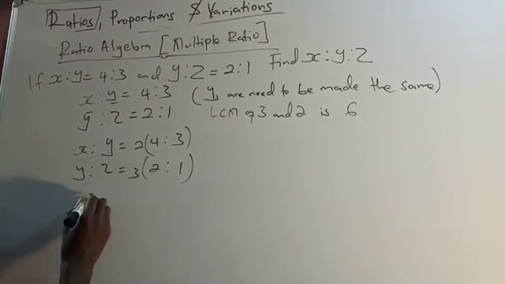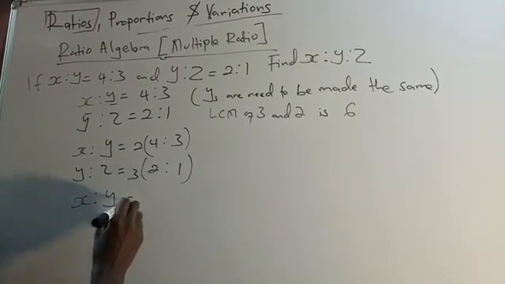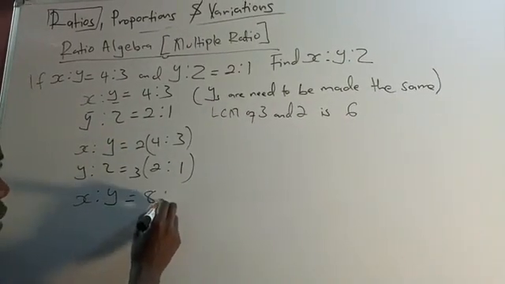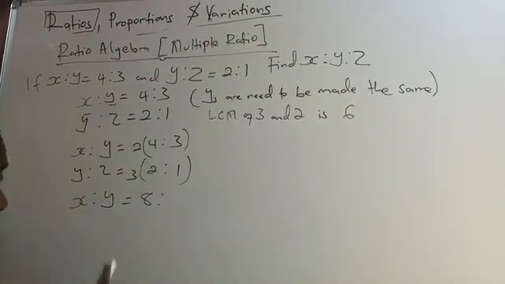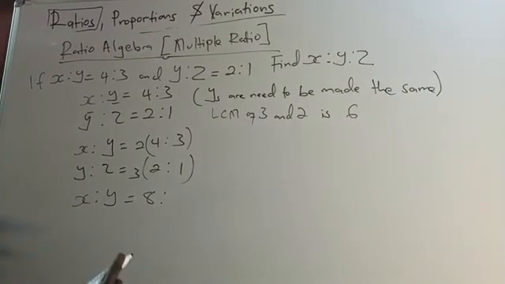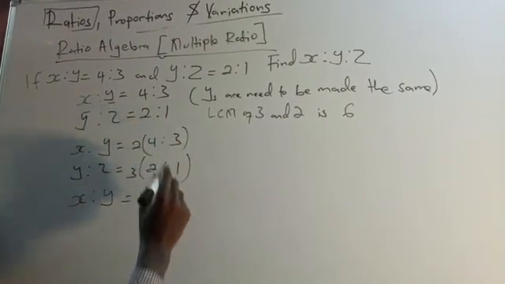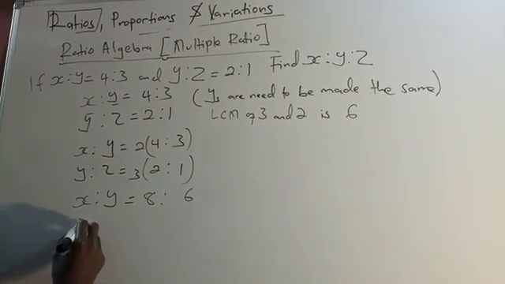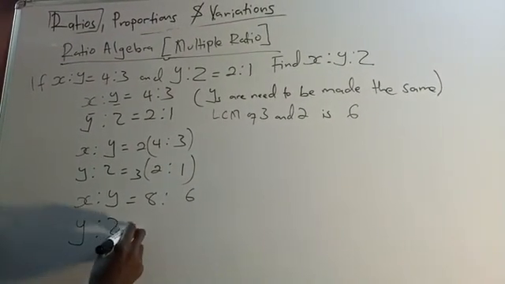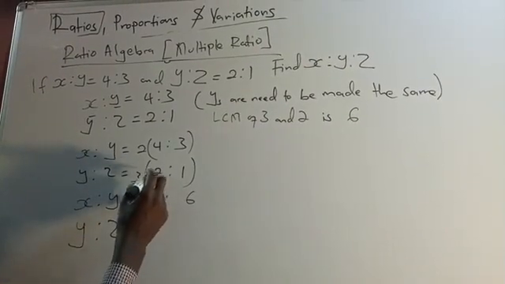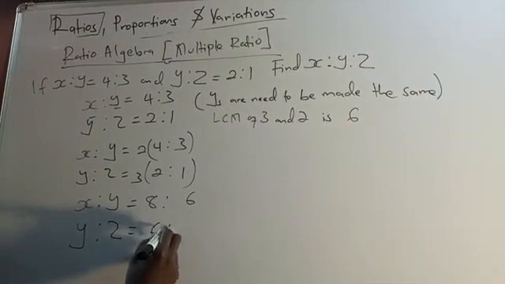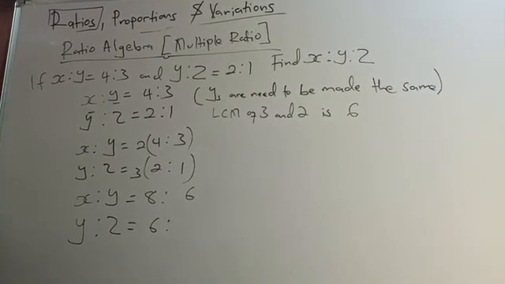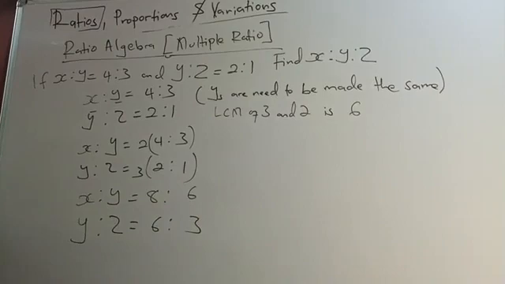So x to y becomes 2 times 4, which is 8, and 2 times 3, which is 6, and also y to z, 3 times 2 getting 6, and 3 times 1 getting 3.